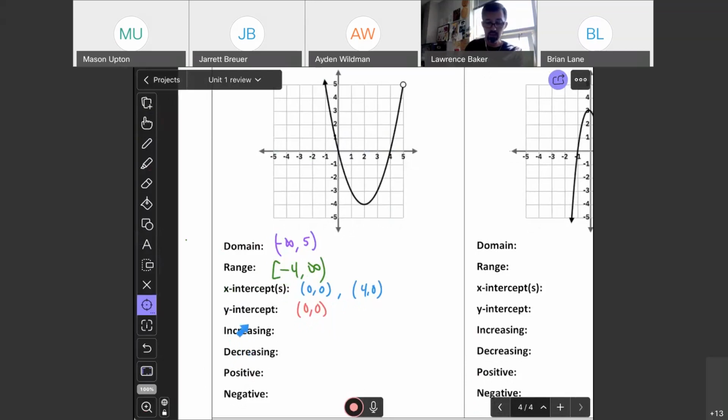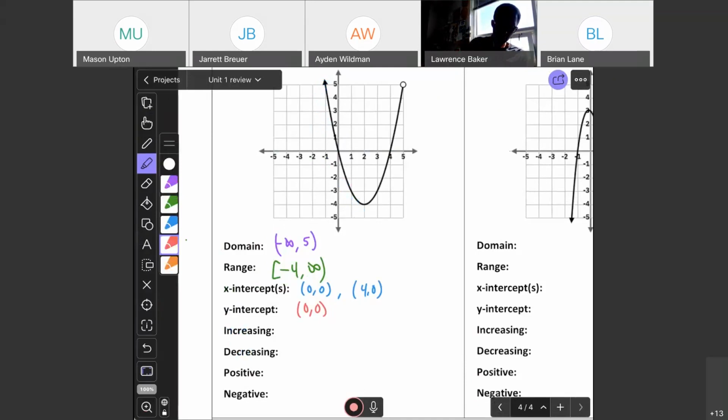What I asked you guys to do was put your pen on the paper or on your computer screen and drag it along the path as we go from left to right. As I go from the left to the right, I'm forced to decrease during this interval. This chunk of the graph is decreasing. But this part over here is increasing.